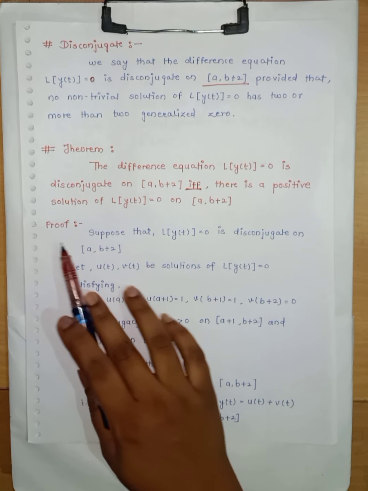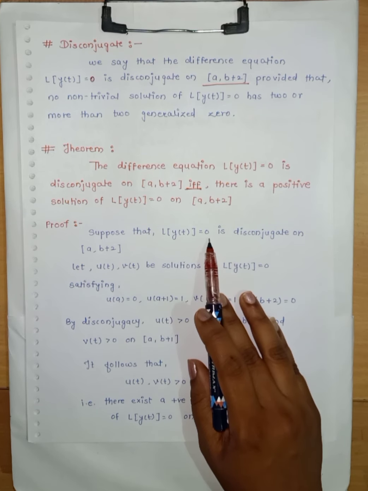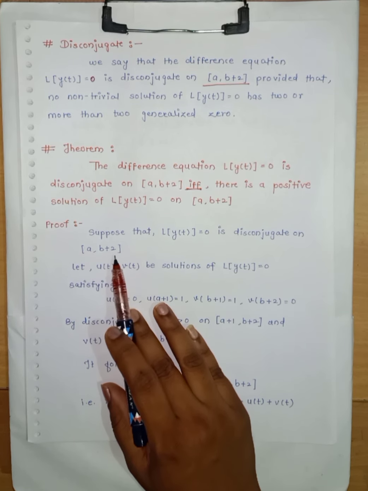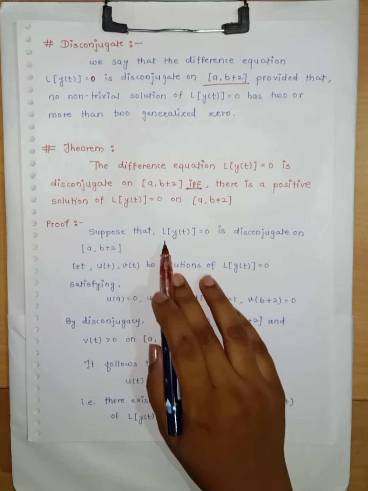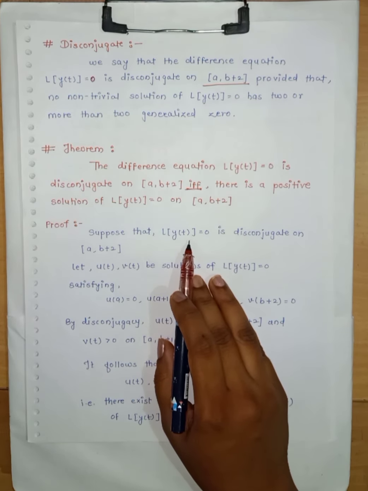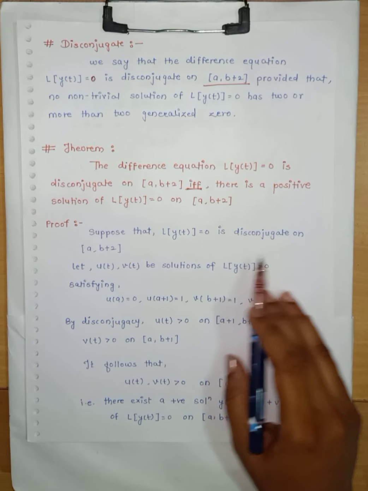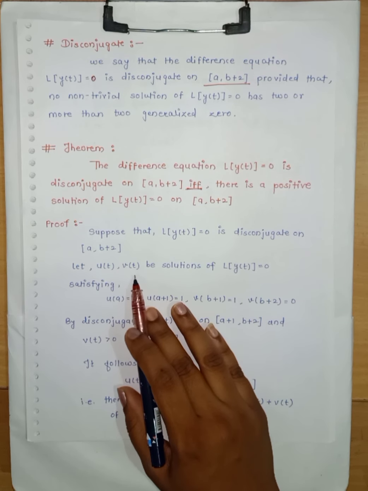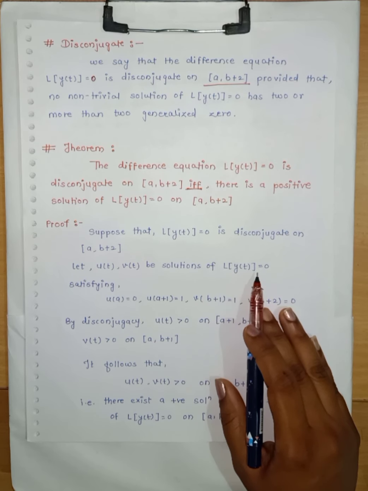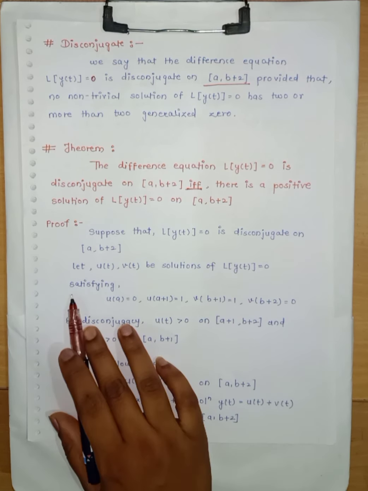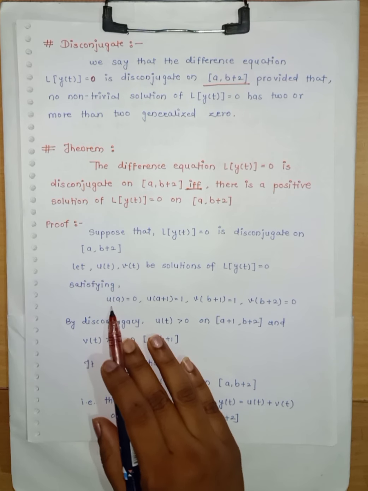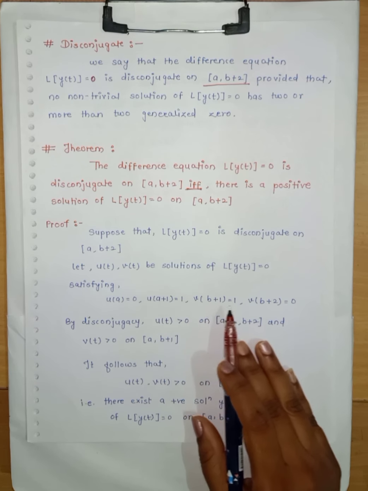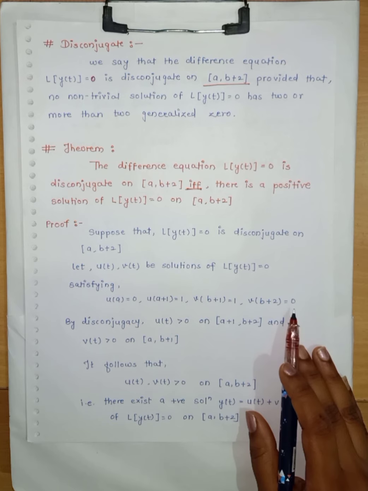Let's start the proof. Suppose that L of y of t equals to 0 is disconjugate on the closed interval [a, b+2], and let u of t and v of t be the solutions of L of y of t equals to 0 satisfying u of a equals to 0, u of a plus 1 equals to 1, v of b plus 1 equals to 1, and v of b plus 2 equals to 0.